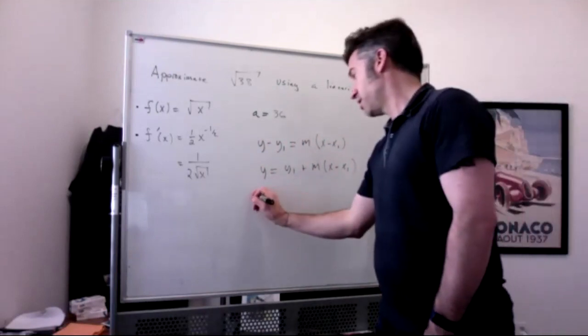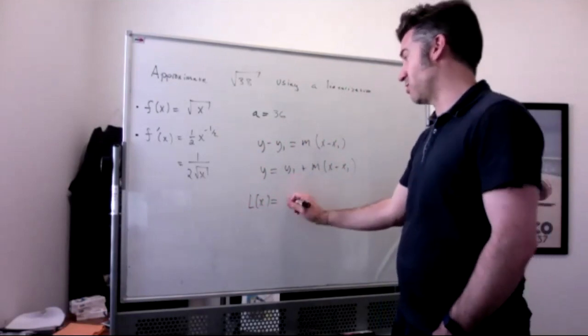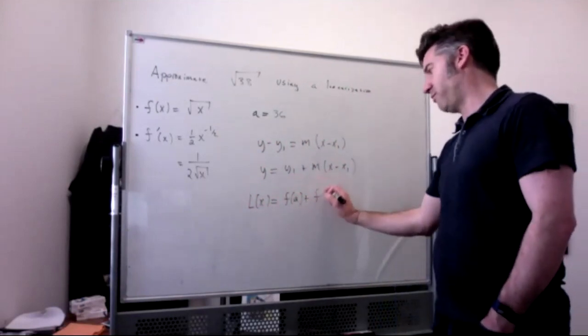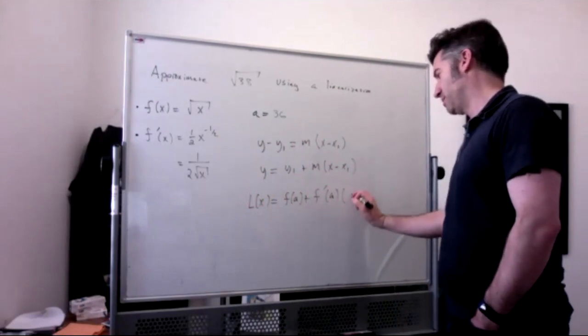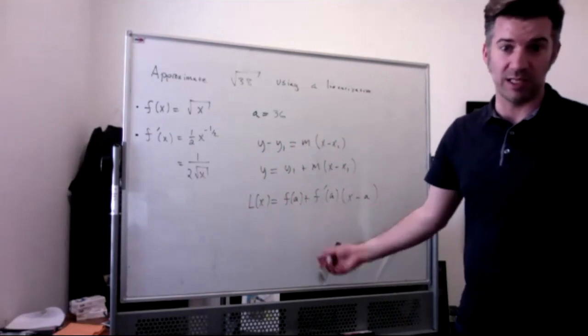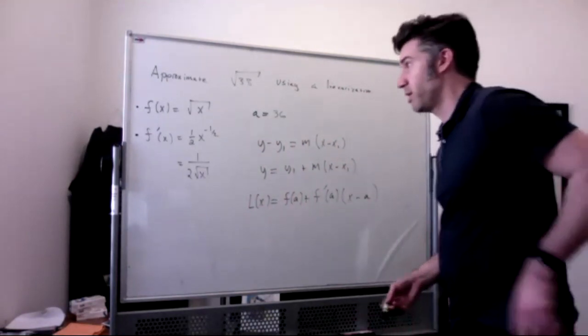Or the linearization equals the y1 value, which is f of a, plus the slope, which is f prime of a, times x minus the x value, which is a. Right, there's your linearization formula one more time. Again, just the equation of the tangent line.